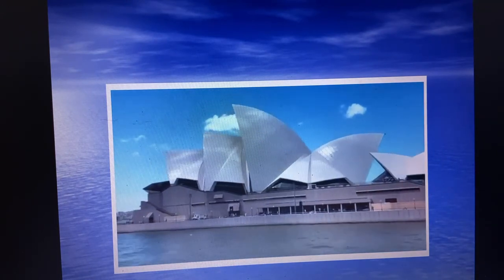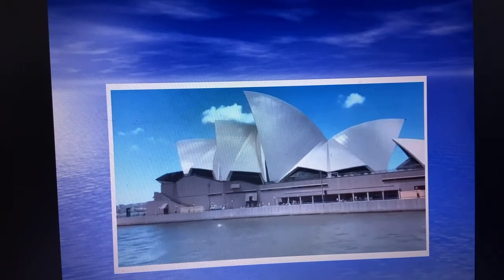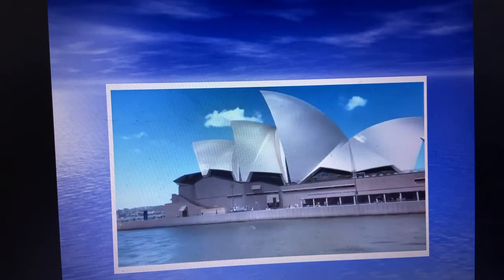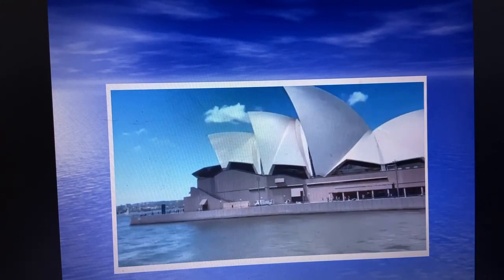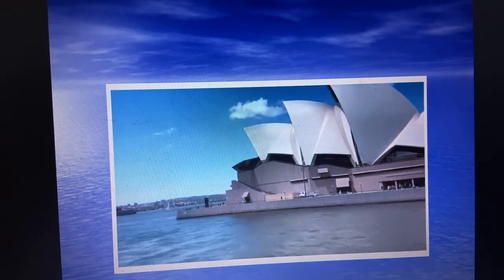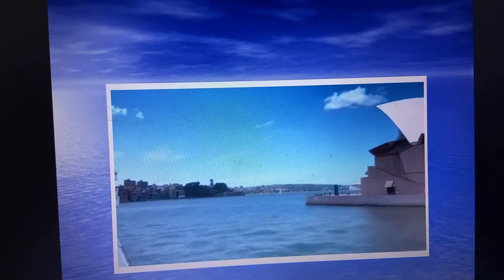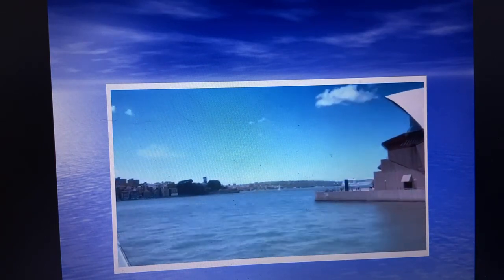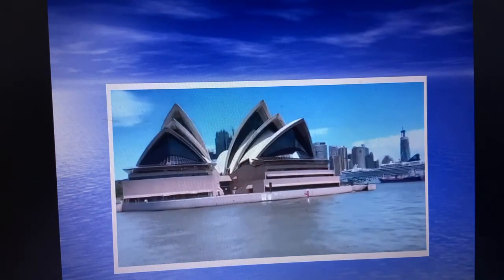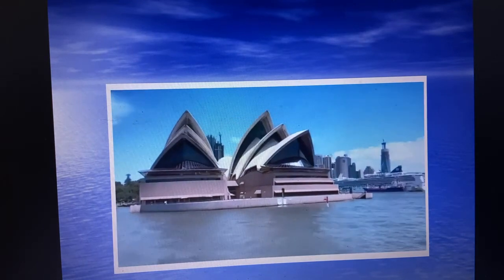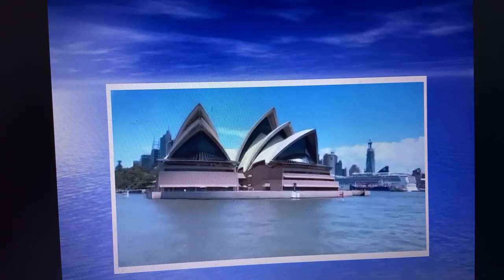As you see, it is surrounded by water. So they sing inside this building. They sing, they play music, and so on. Wow, it's an amazing building.